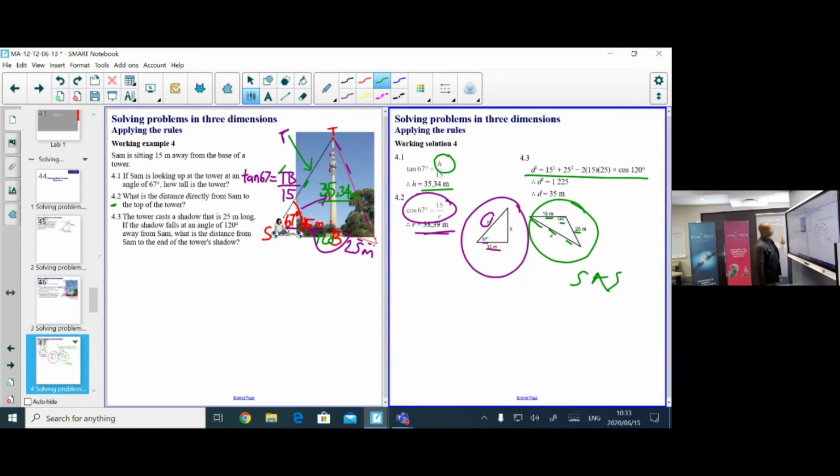So as you can see, the whole narration that we get in question 4.3 that we have just done, a whole paragraph is simply summarized in this little diagram. So that diagram helps us to picture everything that is being narrated in the question.